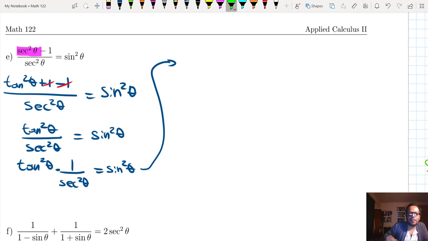But this secant squared, I'm going to rewrite it as its reciprocal. What is the reciprocal of secant again? The reciprocal of secant is cosine squared.